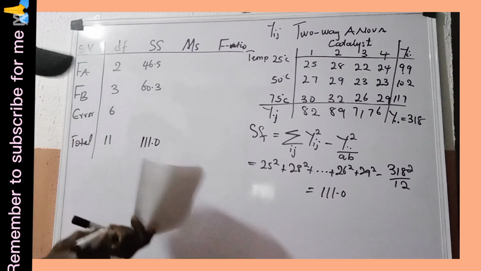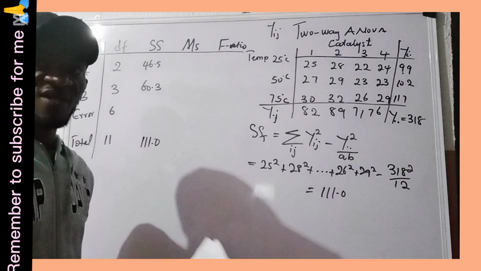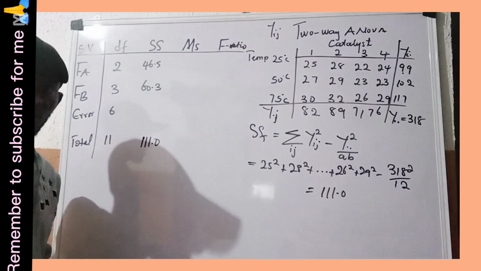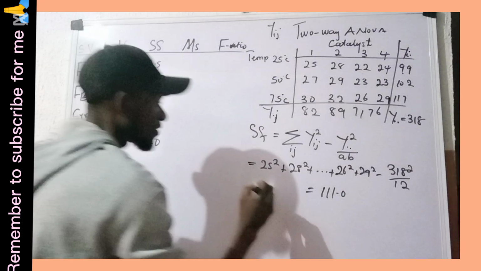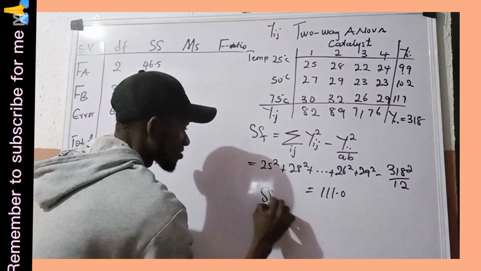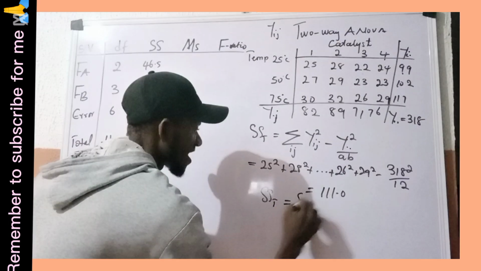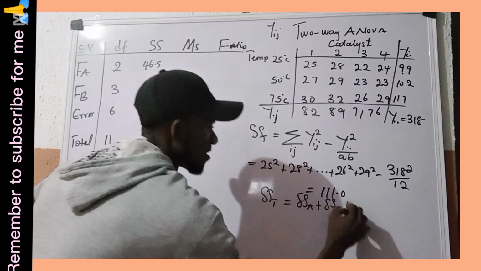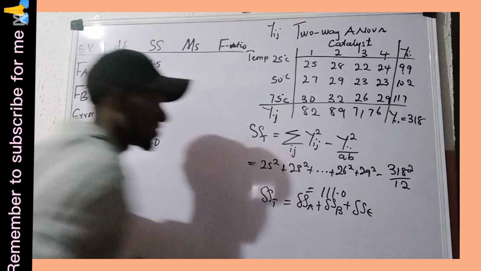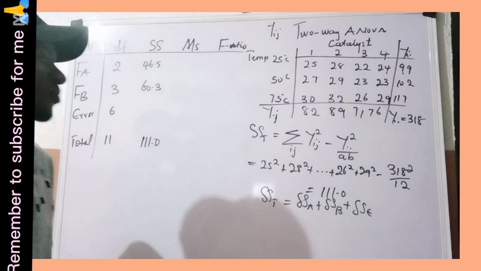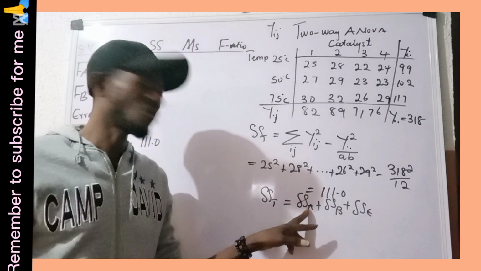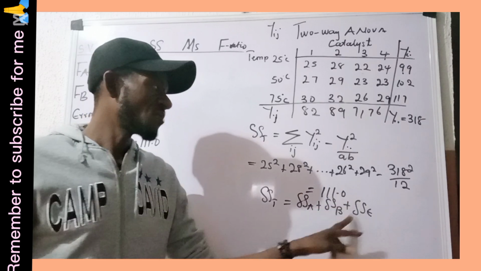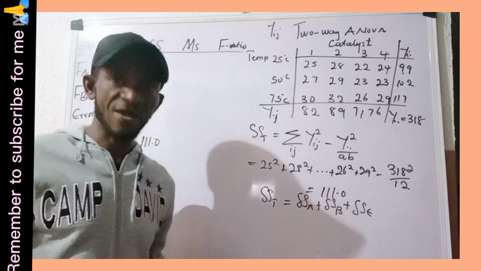And there is something I want to say quickly, that there is a relationship that exists about sum of squares. They say that SS of total, that SS of T, is equal to SS of A plus SS of B plus SS of E. That is, sum of squares total is equal to sum of squares of factor A plus sum of squares of factor B plus sum of squares of error.